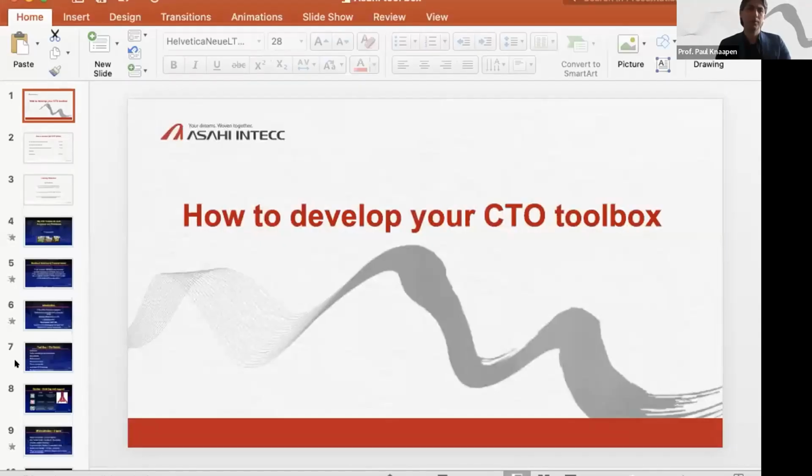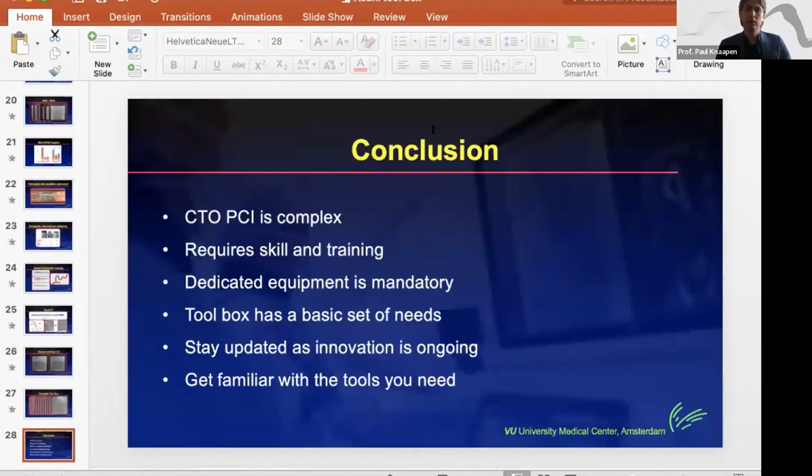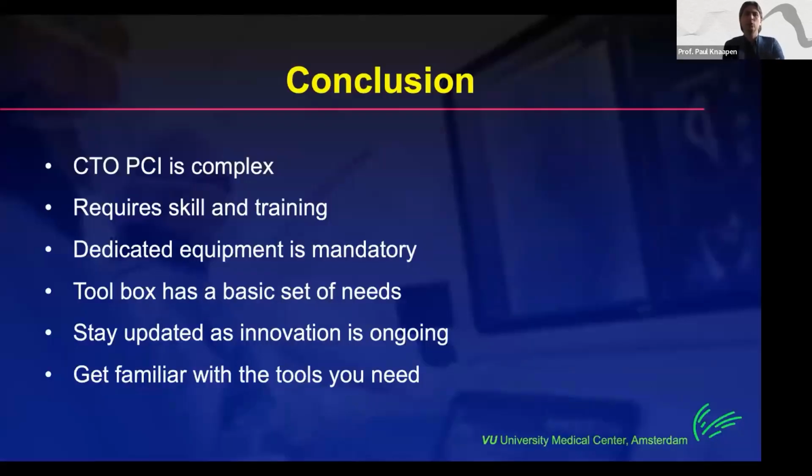Okay. That being said, I'd like to close up this session, and I'll go back to my conclusion to wrap up. I think it's fairly easy to say that CTO PCI is very complex, and we've just handled the toolbox issue today, but it's more encompassing than that.